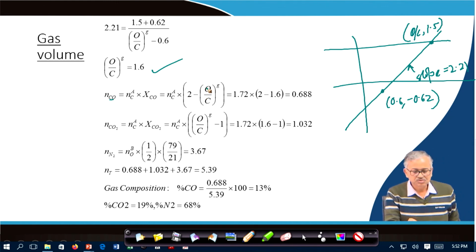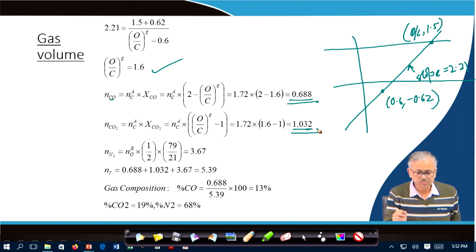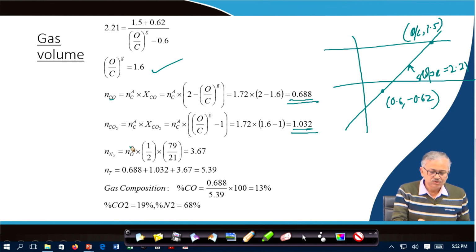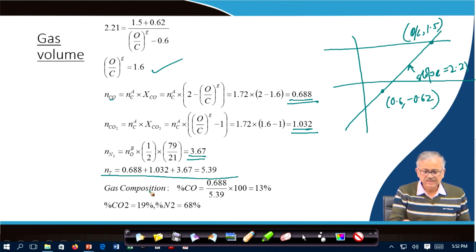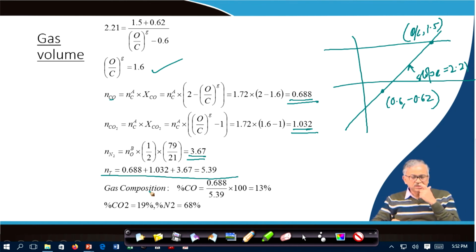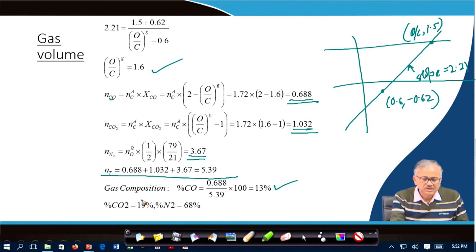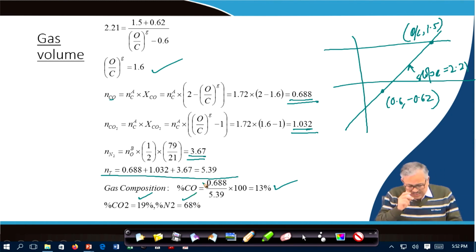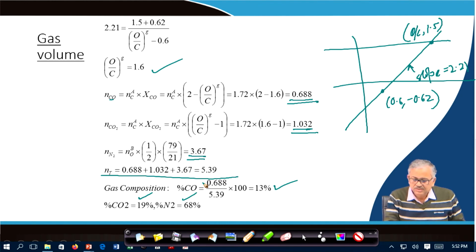So, this will be the number of moles of CO, similarly the number of moles of CO2 will be this, and if I know the NOV, I can simply calculate the moles of nitrogen. So, total moles is given by this, and then the gas composition is simply 0.688 by 5.39, so there is 13% CO, 19% CO2, 68% nitrogen. So, it is simple, this is the way, a simple material balance.